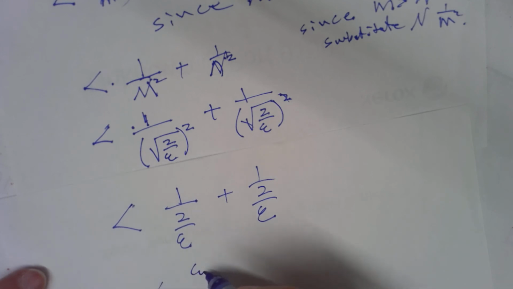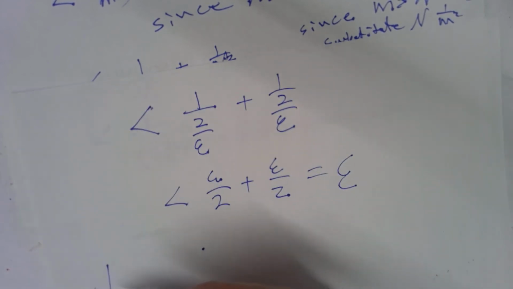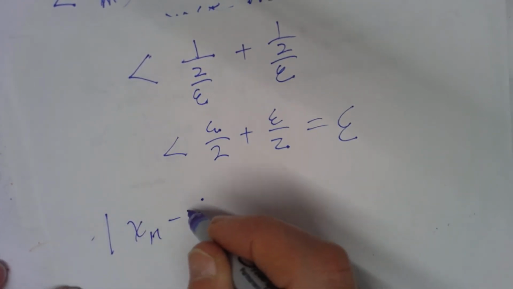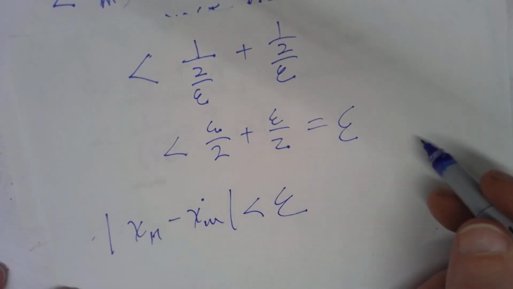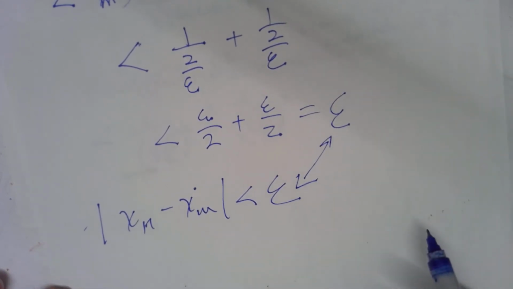So this is epsilon over 2 plus epsilon over 2, and that equals epsilon. So all of this, x sub n minus x sub m, we have proven that that is less than epsilon. And so that defines our proof, and we are finished.